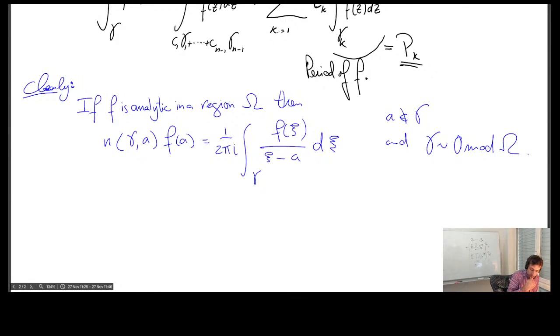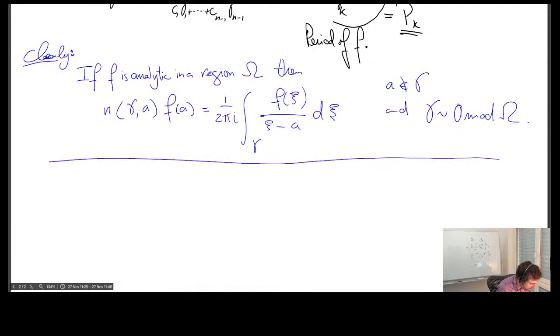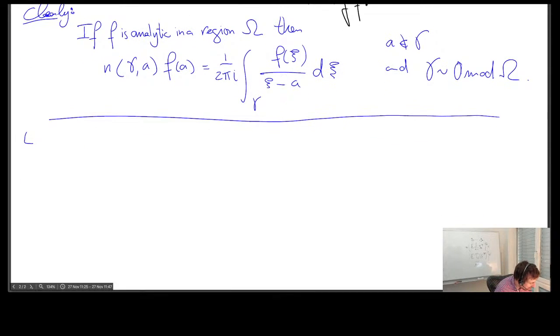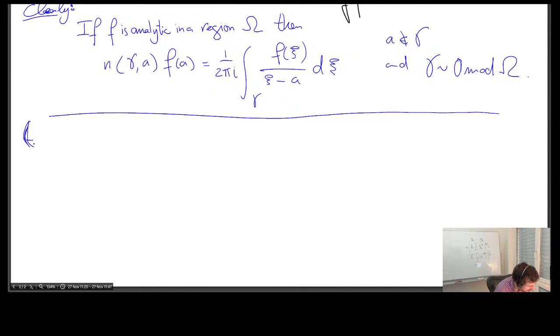Okay, so now that I have this, it will help me understand singularities. We'll see in a second. What we want to do in the next 10 minutes is basically the calculus of residues. I mean, we have everything, we just need to collect it.